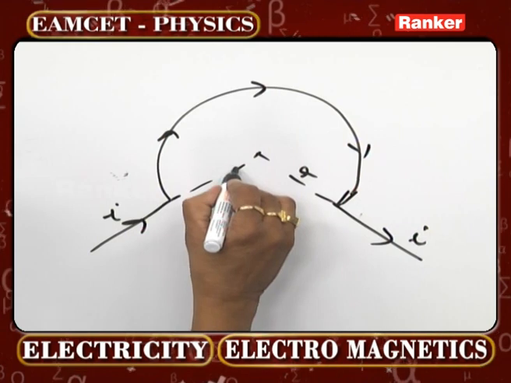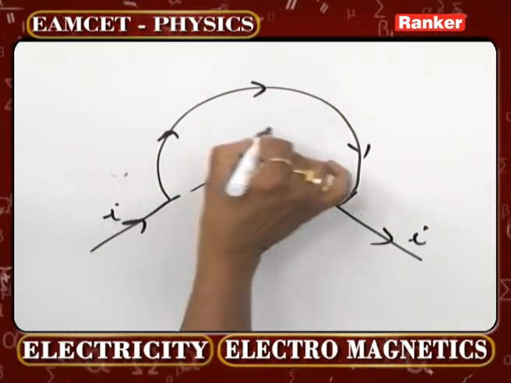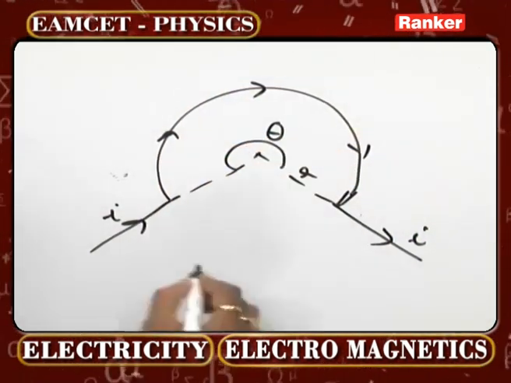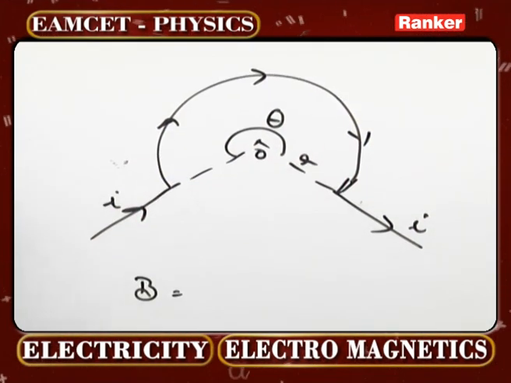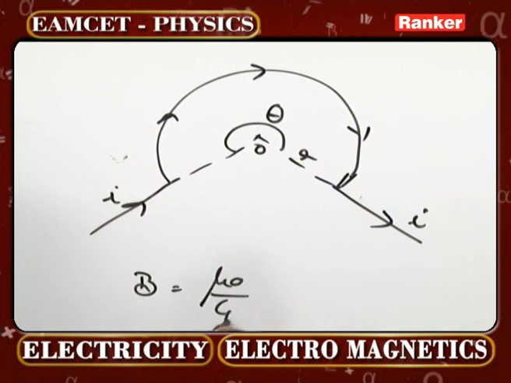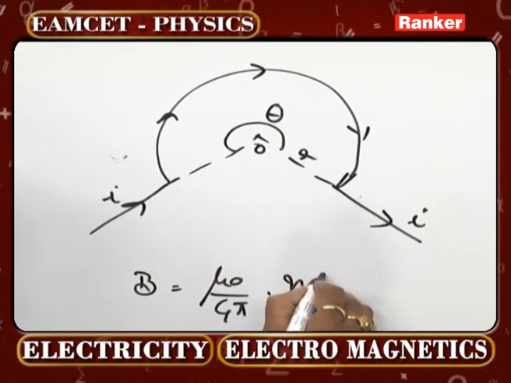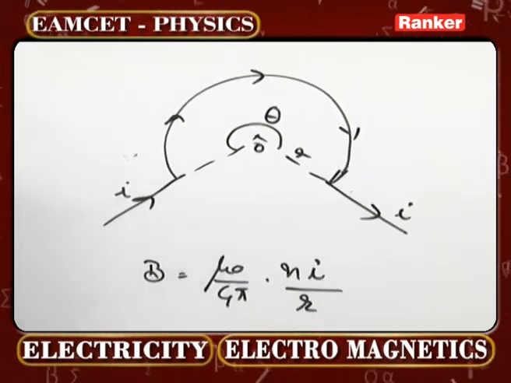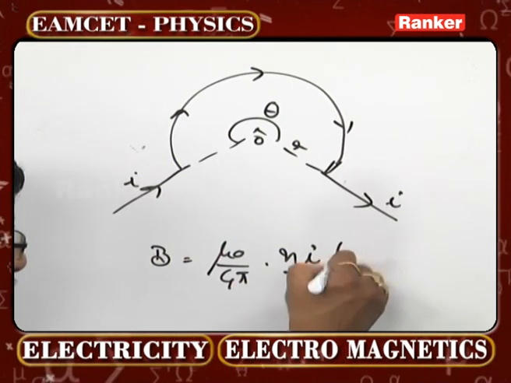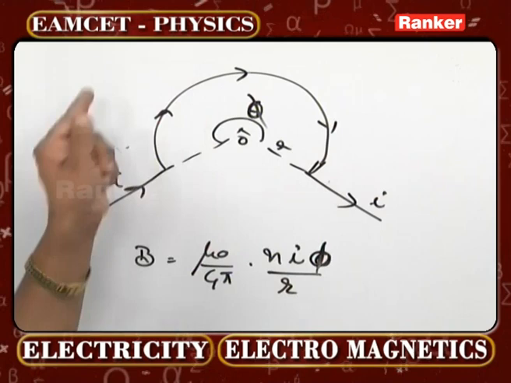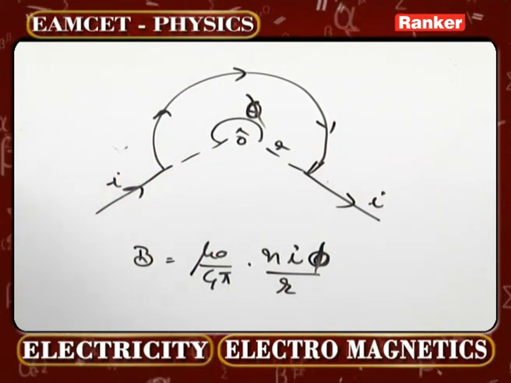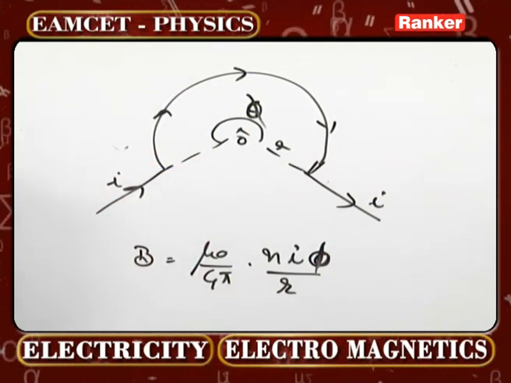If I take the angle made by this part of this wire as theta, then what will be the magnetic induction at the center? It is mu naught by 4 pi NI by R, you can directly write into phi. What is that phi over here? This angle it is making is phi. So, that is actually the formula you have to understand.